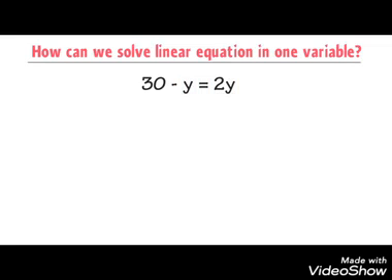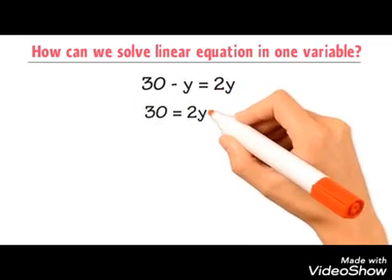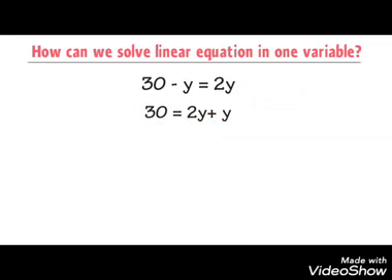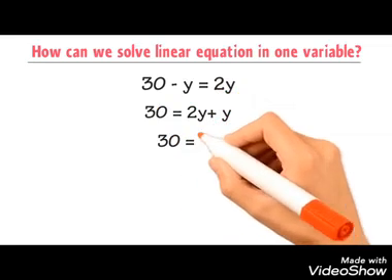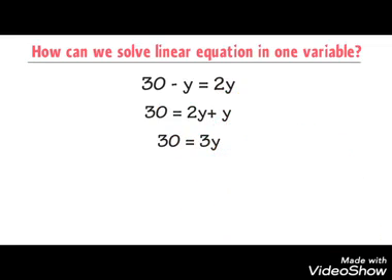Hence, we will arrange this equation in a way in which y should be made as one term. Thus, we will shift minus y from the left-hand side to the right-hand side. As a result, we will get 30 is equal to 2y plus y, or 30 is equal to 3y. Now dividing both sides by 3.